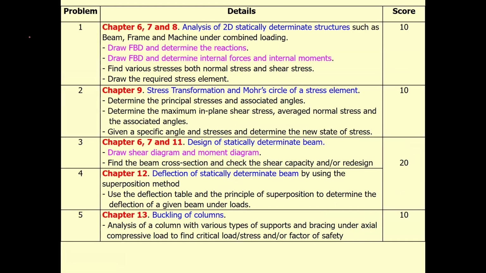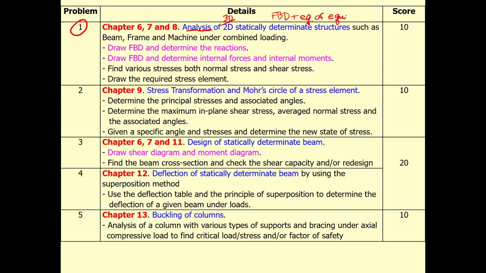Problem number 1, as we mentioned, is going to be the analysis of a 2D or 3D statically determinate structure. It means a structure that can be analyzed by using the free body diagram and equations of equilibrium.